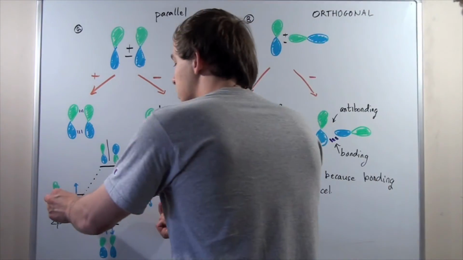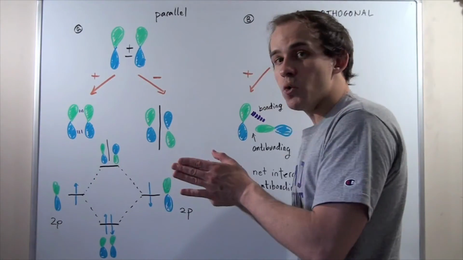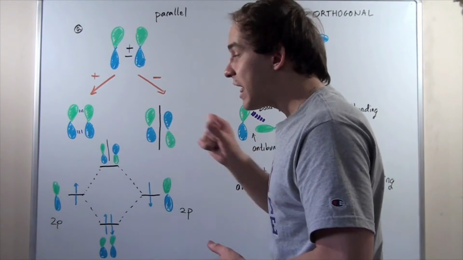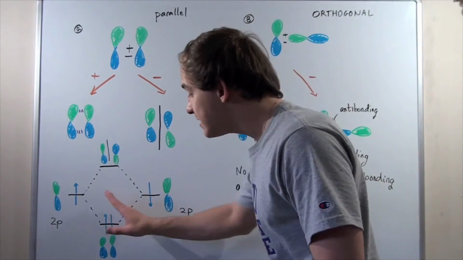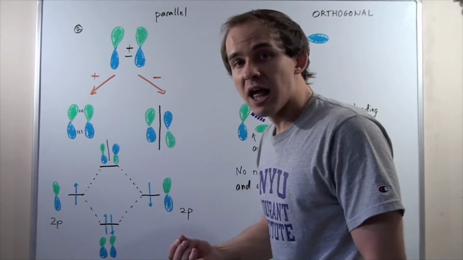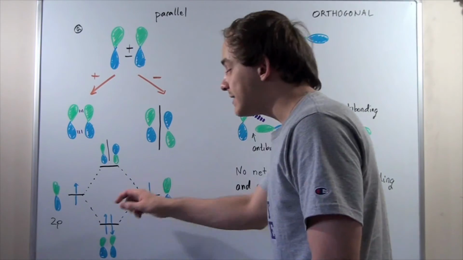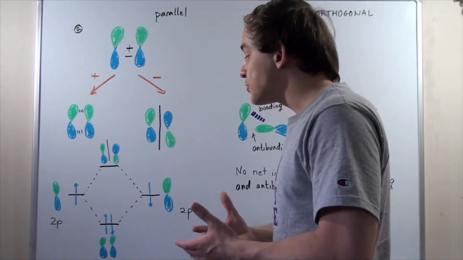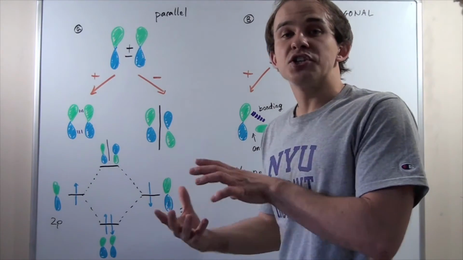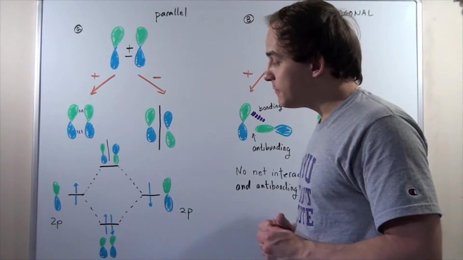Now, these two electrons will want to go in this orbital or in that orbital. Well, probably this one, and that's because this one is more stabilizing. It's stabilizing because it's lower in energy, and nature likes that. Nature creates a system in which the energy is lower than before.